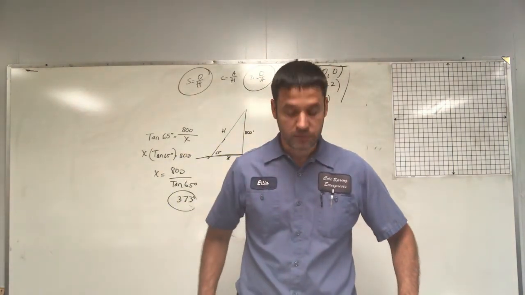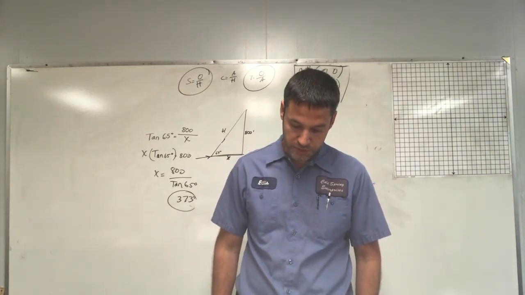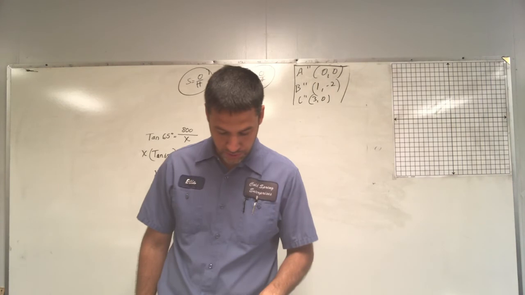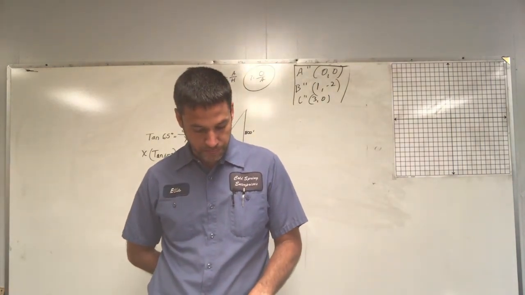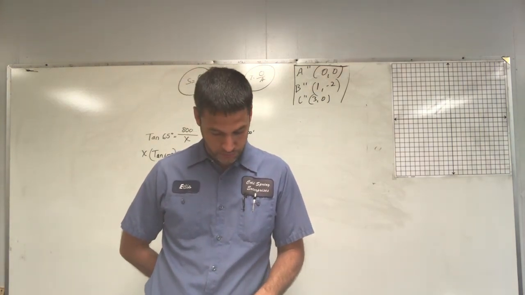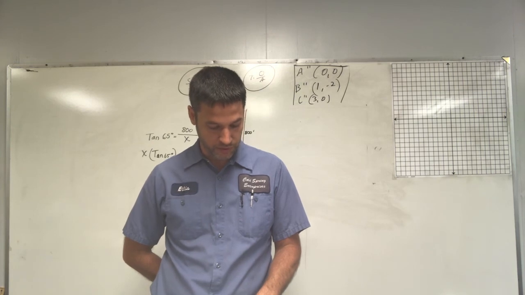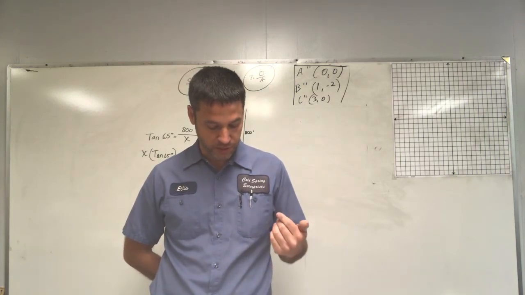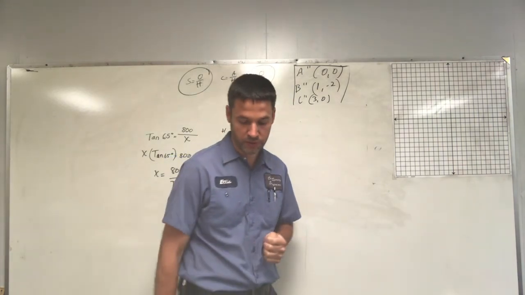Problem 29. Assume the segments that appear to be tangent are tangent. Find CD, CE, and BC. Again, it's this fact that tangent lines drawn to a circle from a common point outside of the circle are congruent.